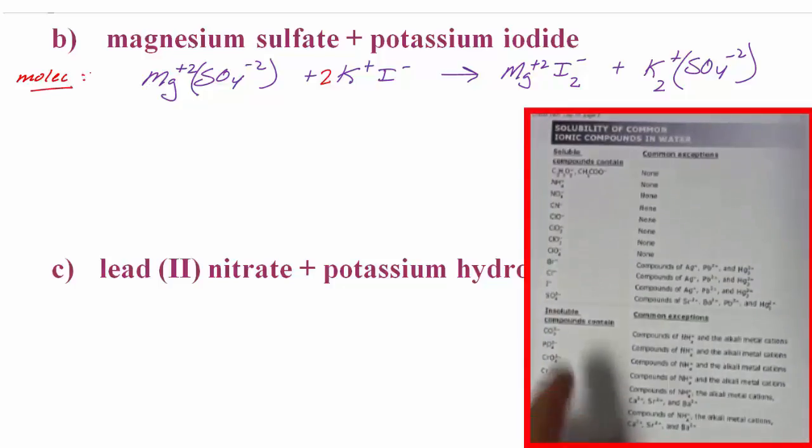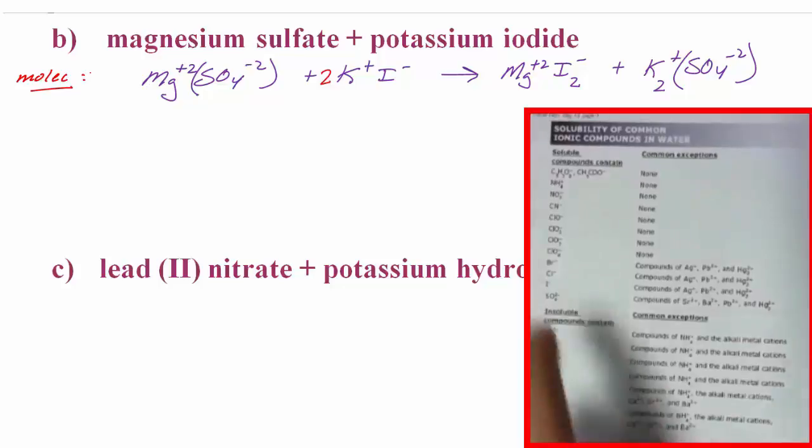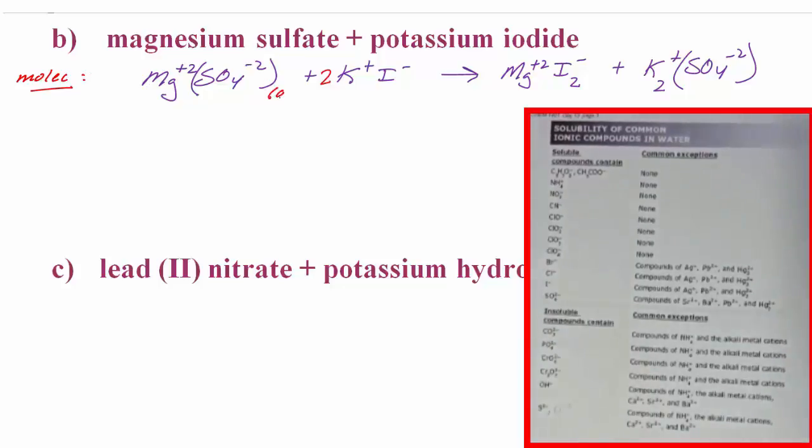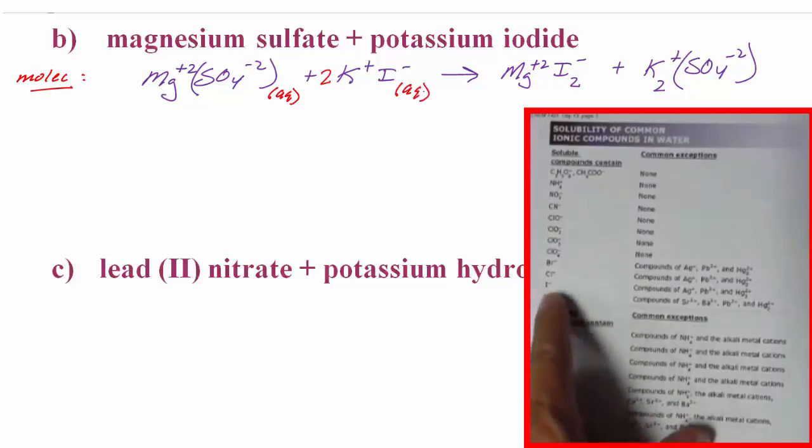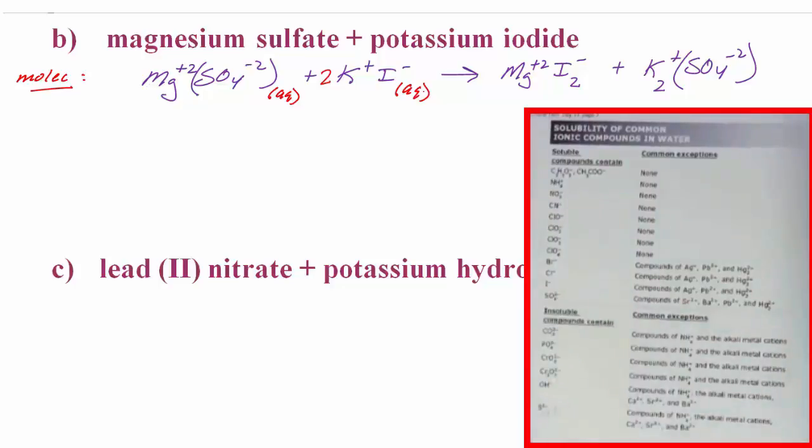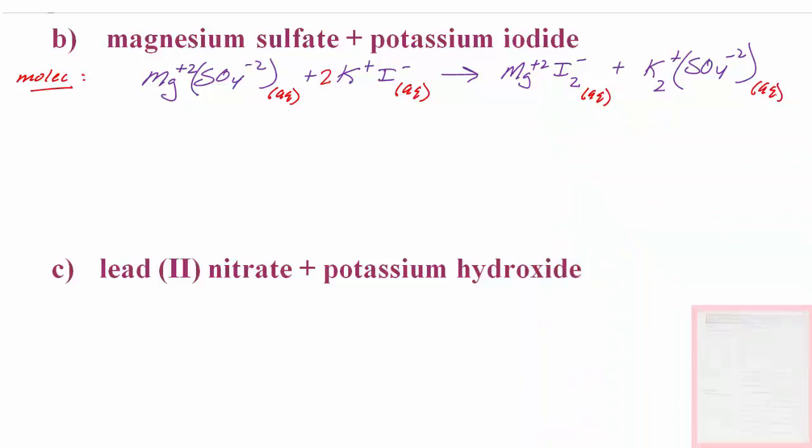Magnesium sulfate. Sulfate is AQ. Potassium, definitely AQ. Magnesium iodide, AQ. Iodide compounds are AQ. Potassium, AQ.